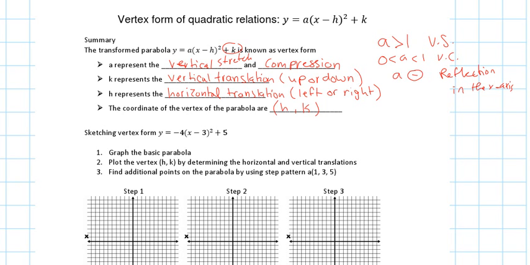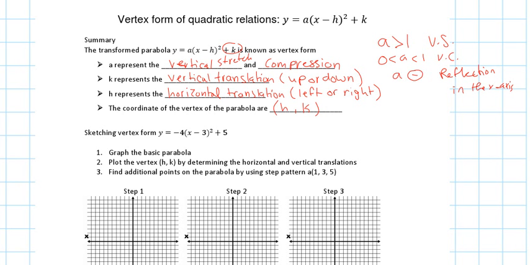So what are the steps to graph a quadratic function if it's in vertex form? You're going to look at your equation, and if the question asks you to state the transformation, you're going to have to state the transformation.